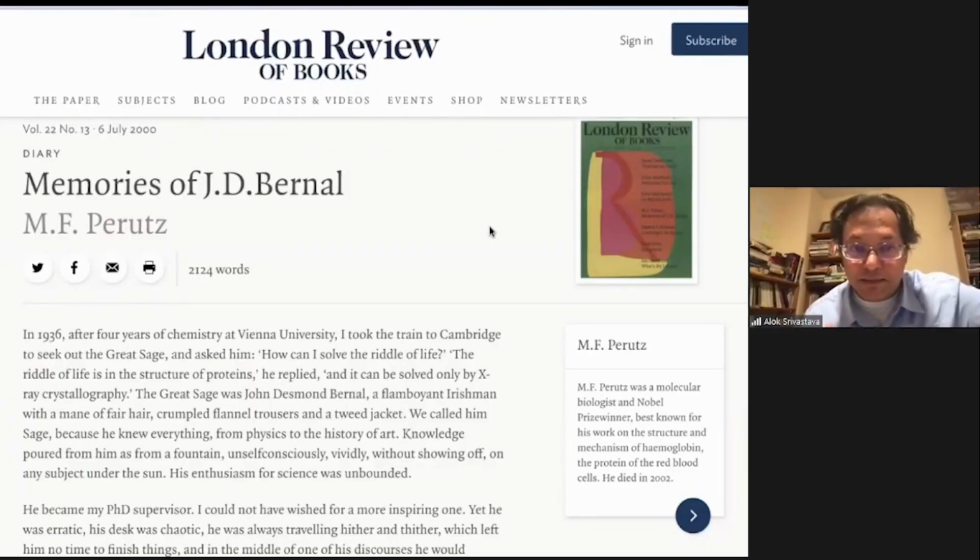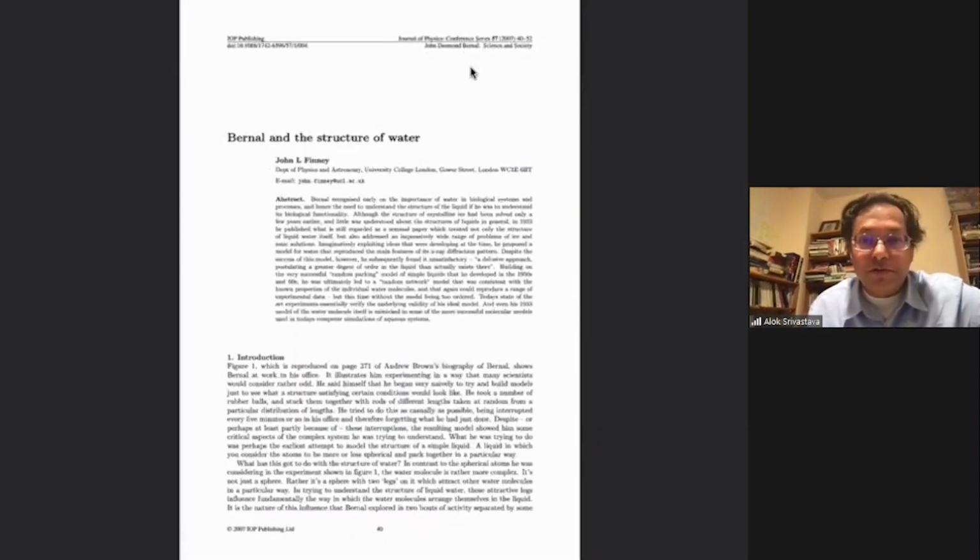But here is J.D. Bernal being remembered by the first protein crystallographer that we know of, whom we admire, Max Perutz. He gave us the structure of hemoglobin after something like 17 years of work in an institution set up by the person whose big achievement in protein structure was to give the structure of water.